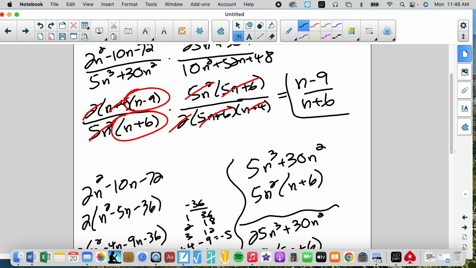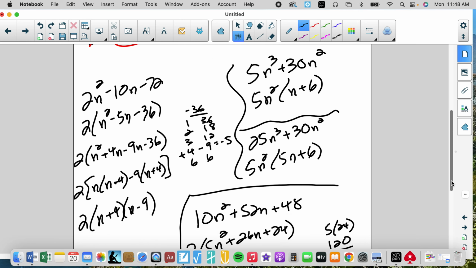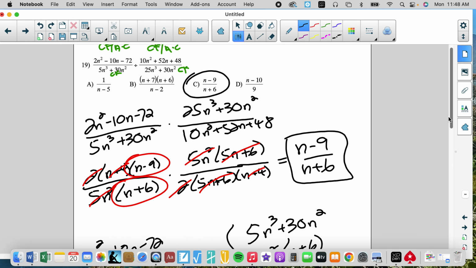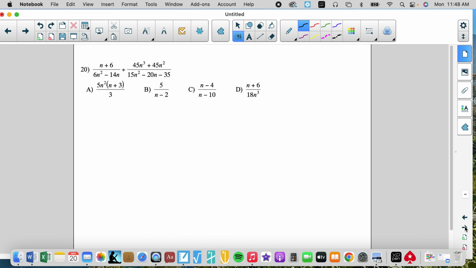So we see the importance of keeping track of our work. Keeping track of our work allows us to not miss things. If we organize our work, we can find it, we can check it, and we're not going to make silly mistakes.